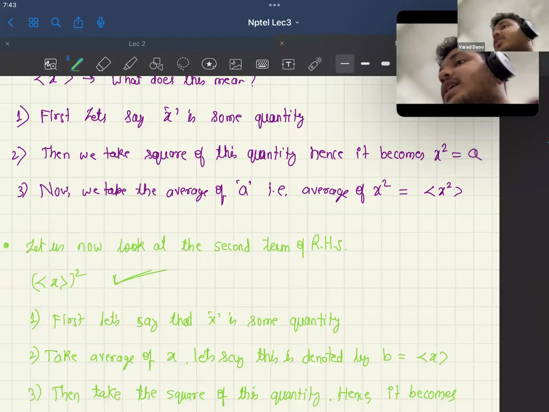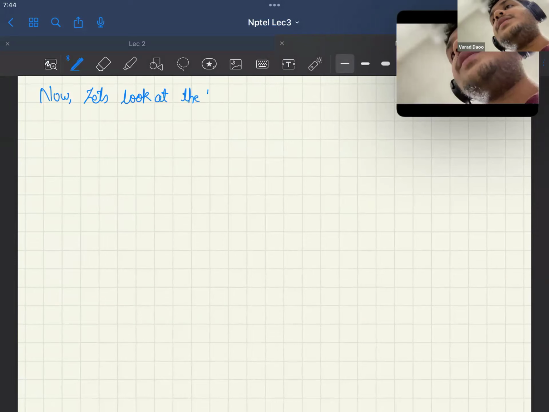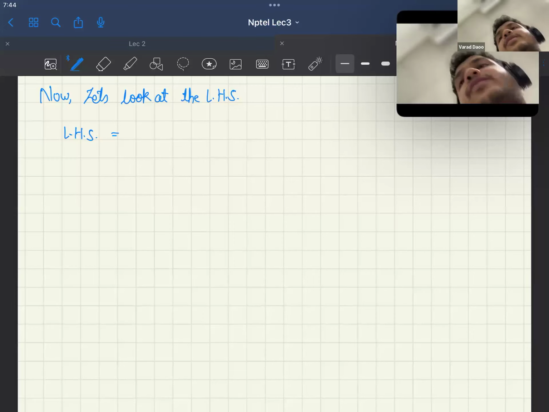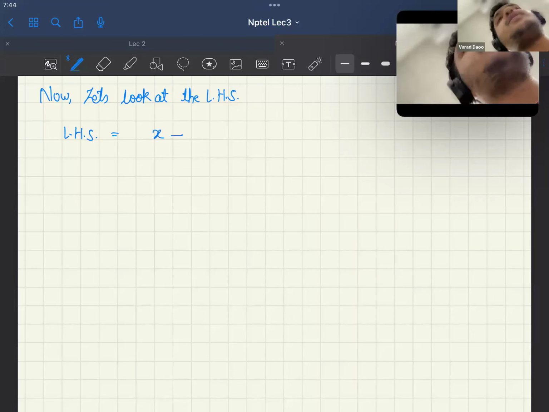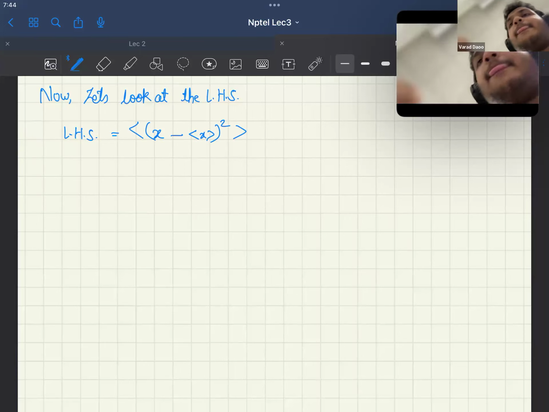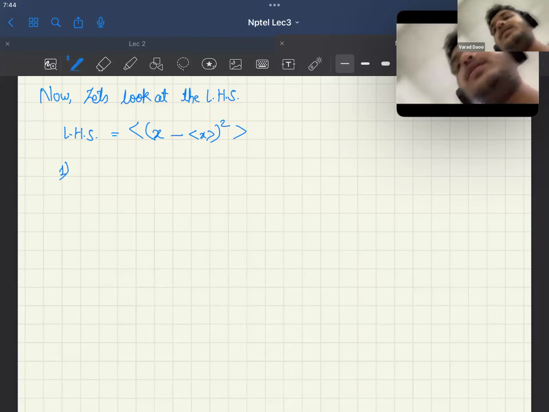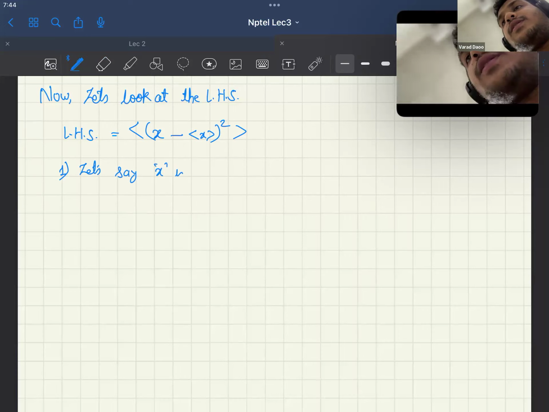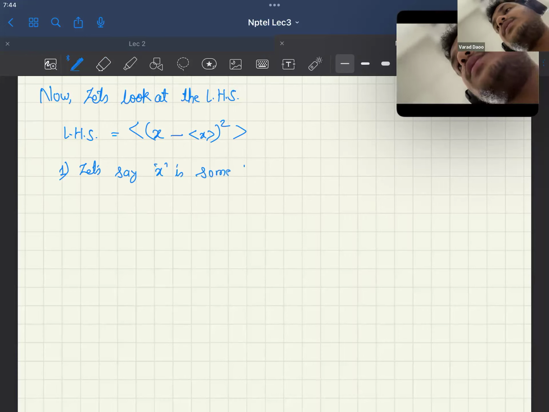Yeah, blue one. Now let's look at the LHS. What is LHS? It looks a very complicated term. Okay, x minus average of x square, its average, right? So how do you define, right? First, let's say again x is some property, right?